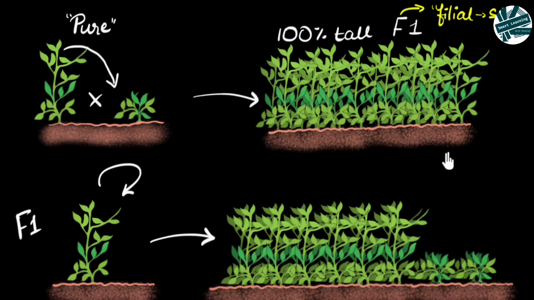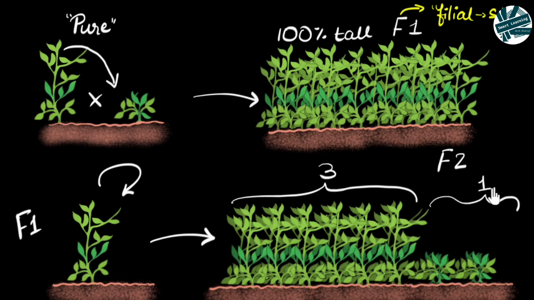In this F2 generation, the second generation of sons and daughters or offspring, he found that there were roughly 3 times as many tall as short. So the tall to short ratio was 3:1. And he also cross-pollinated the F1 generation plants and got exactly the same result, 3:1.